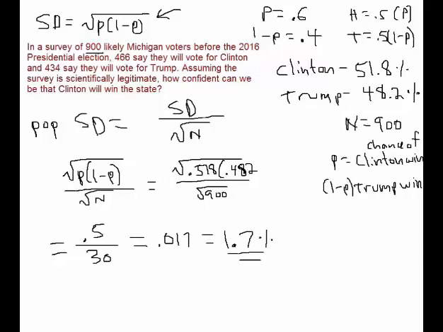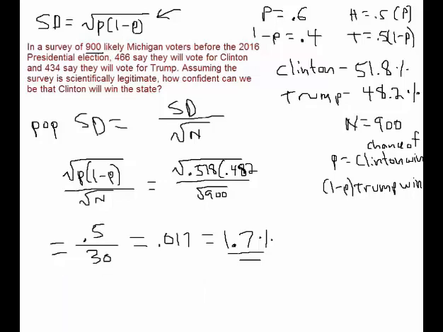So the standard deviation based on our 900 sample size, assuming a perfectly valid and legitimate sampling, is approximately 1.7%.